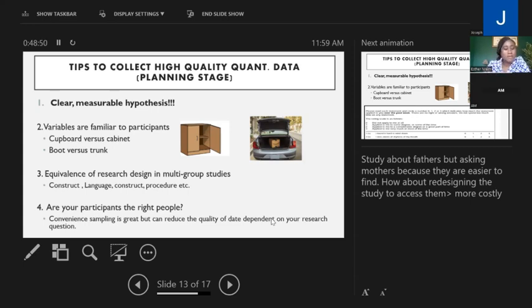We don't always have that luxury with quantitative research. So as much as possible, you want to be mindful when collecting data, from the design all the way to data collection, that there is equivalence and uniformity in what you're doing, all right?